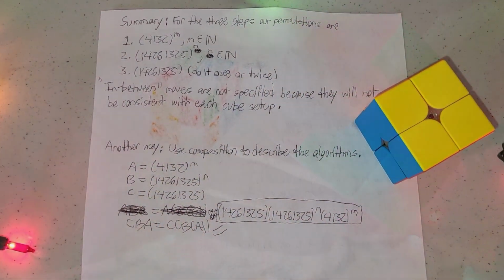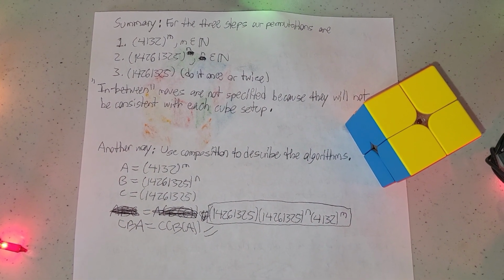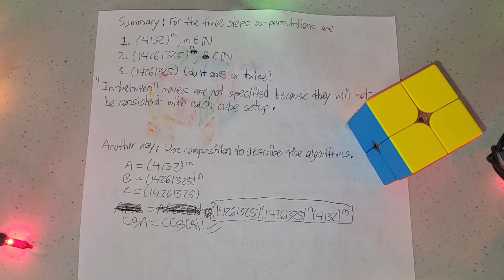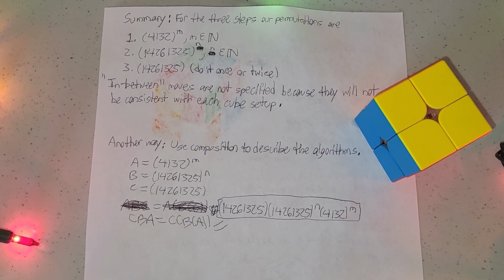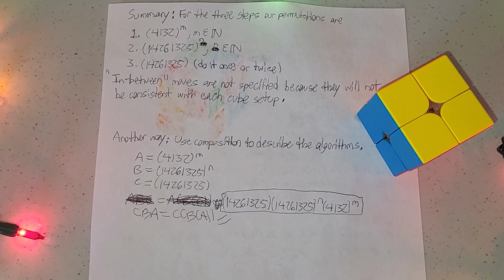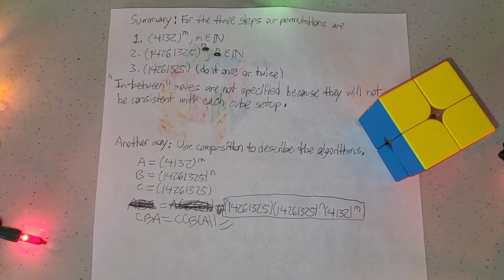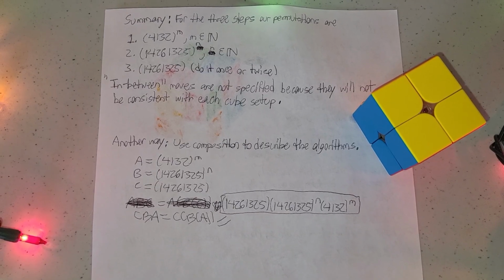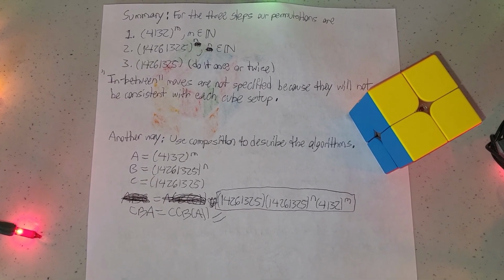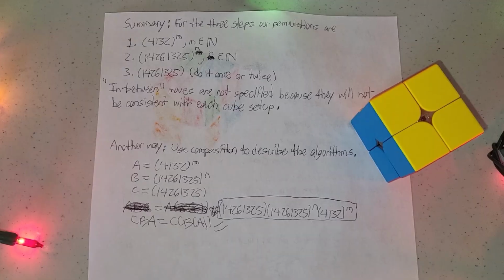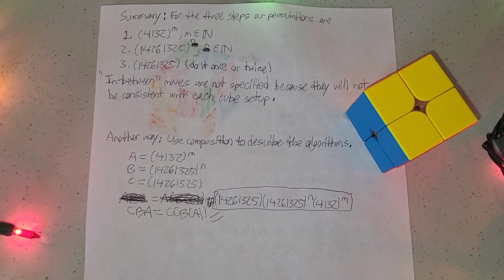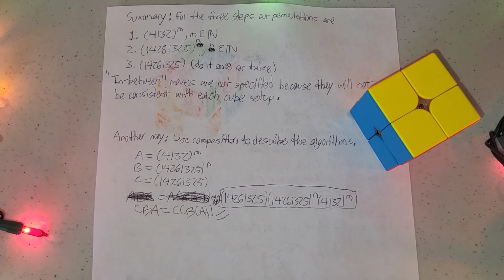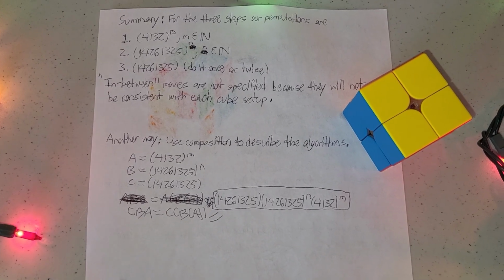Okay, so here's a summary of the permutations that we took to solve the 2x2 Rubik's Cube. For the first step, we had the 4 moves that we did, and we did it m number of times to get all the white faces solved. And then for the second step, we did the longer permutation that contained 8 moves, and we did that n number of times to get a setup where we had one yellow face solved.